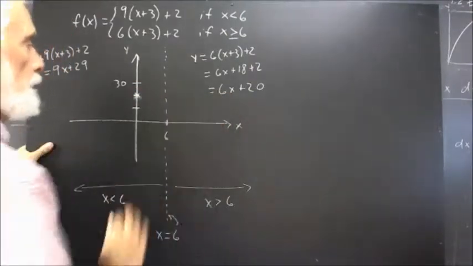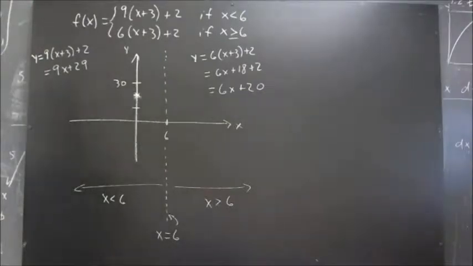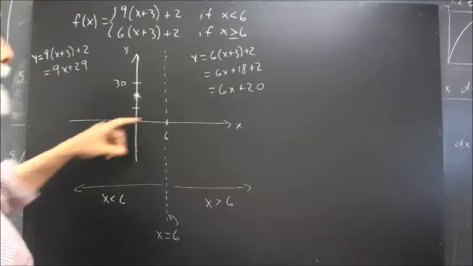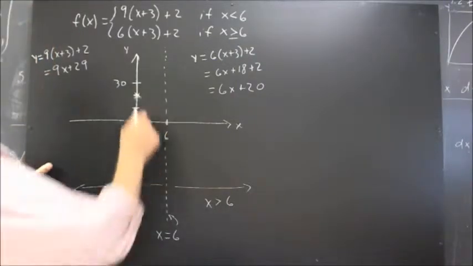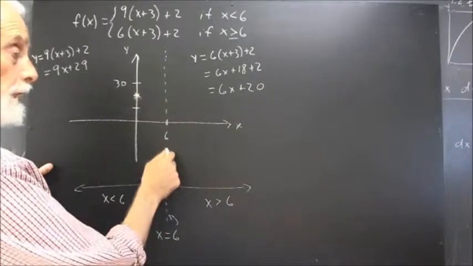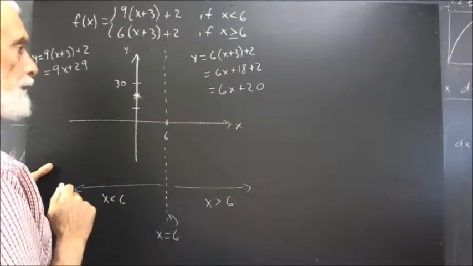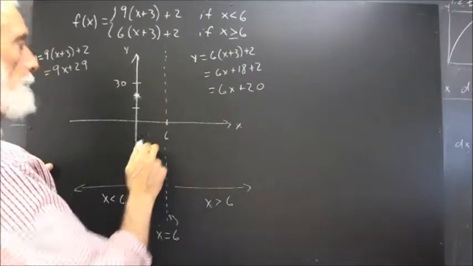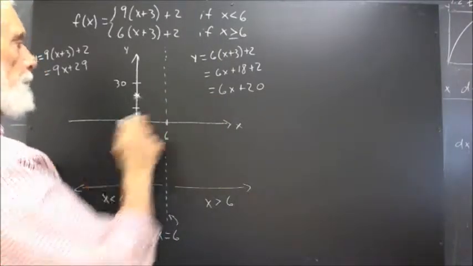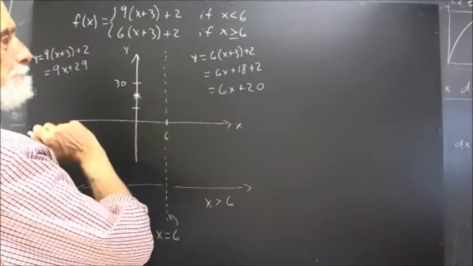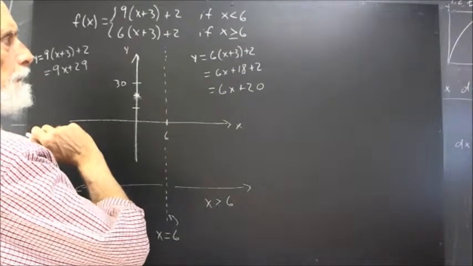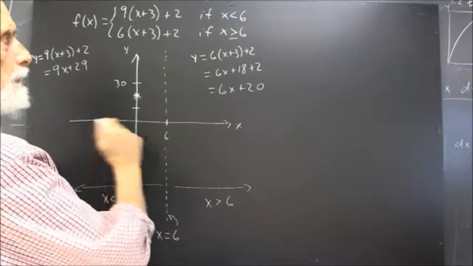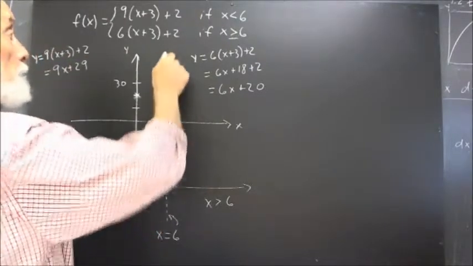And we have a slope of 6, so this function is going to go up 6 for every unit it goes over, which means, for example, that if we go over 6 units to get to the line x equals 6, we're going to have to go up 36 units, which will put us up at 56. So I can make sure that's right. Yeah, that's right. Okay, so that puts us up at 56.